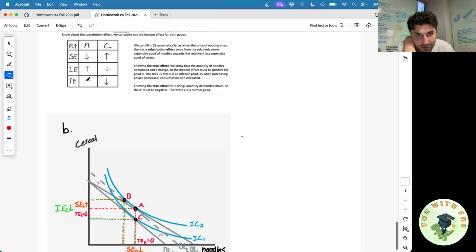And the income effect goes up, so my noodles went back up from B to C, and my cereal went down, which it also does, and noodles stay the same ultimately. That's why it's on the same level, but the cereal went down. So from A to C, I am buying less cereal.